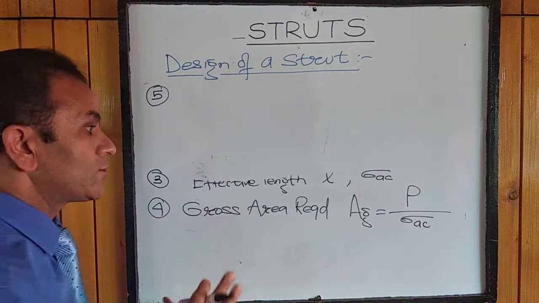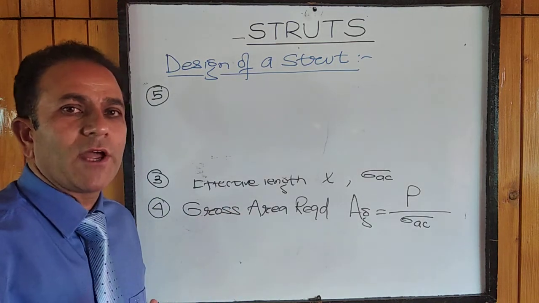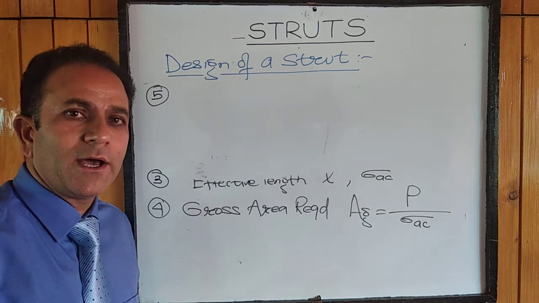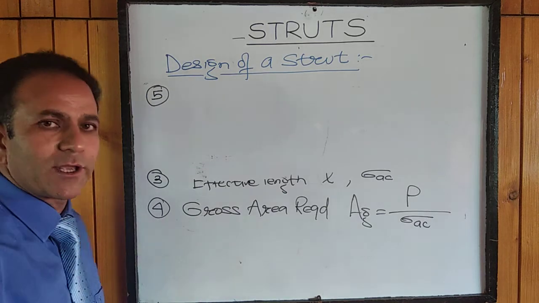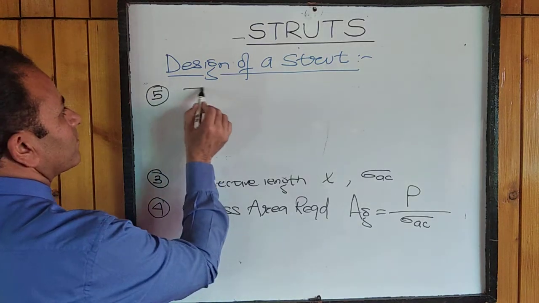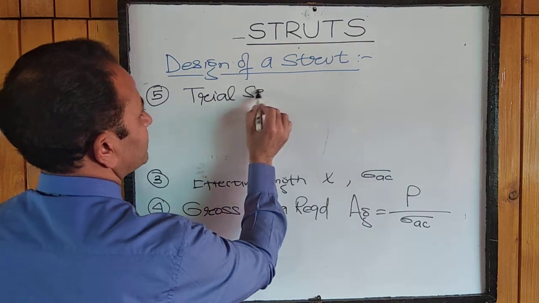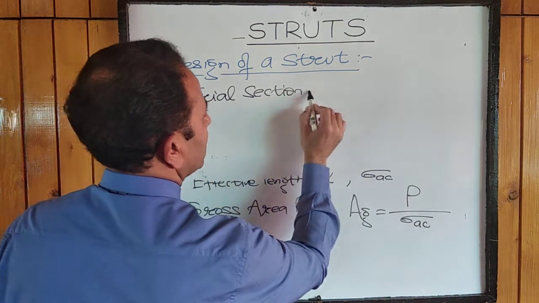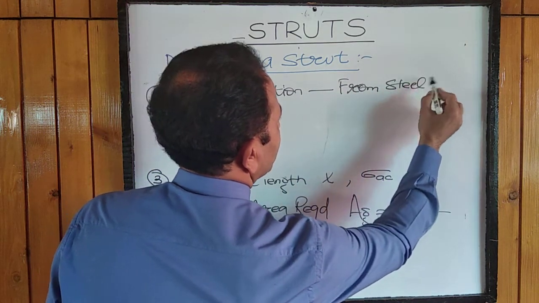We will also look for the r value of that particular member. Higher the r value will give us lower lambda. Lower the lambda, higher will be sigma AC, and higher will be our load carrying capacity. So from the steel table, we select a trial section according to the conditions given.